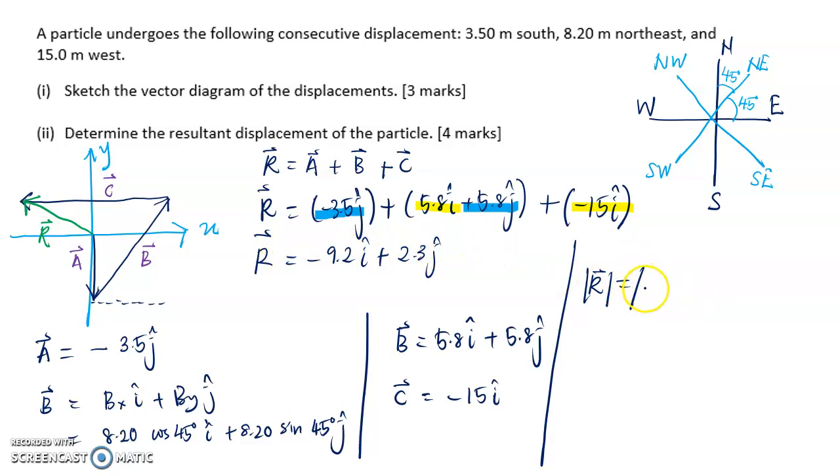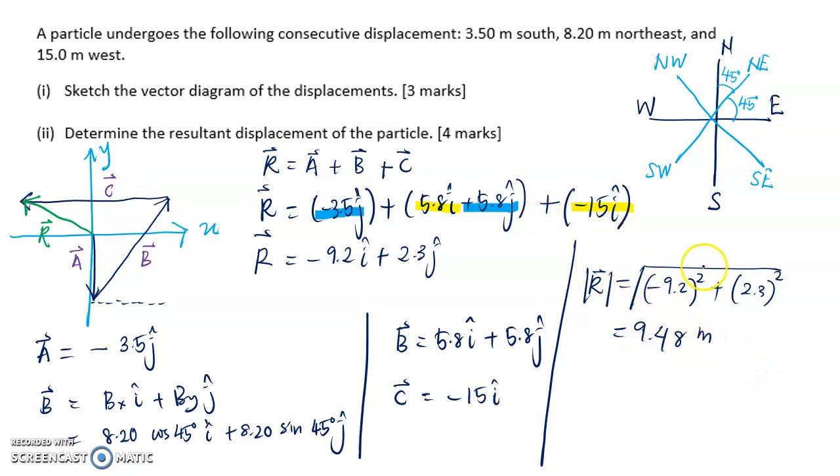It is going to be the square root of negative 9.2, the x component, squared, plus 2.3 squared. So the answer will be 9.48 meter.